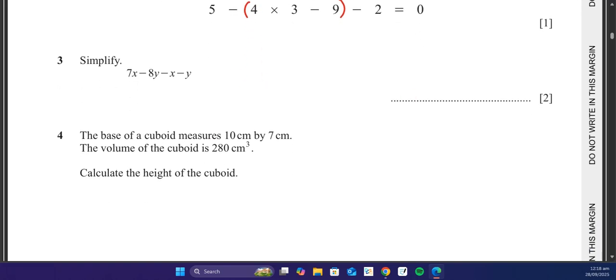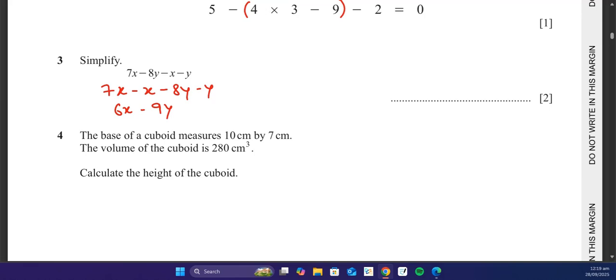Alright, moving forward. Simplify 7x minus 8y minus x minus y. So bring all the like terms together: 7x minus x minus 8y minus y. That should give us 6x minus 9y, and I suppose that is our final answer.